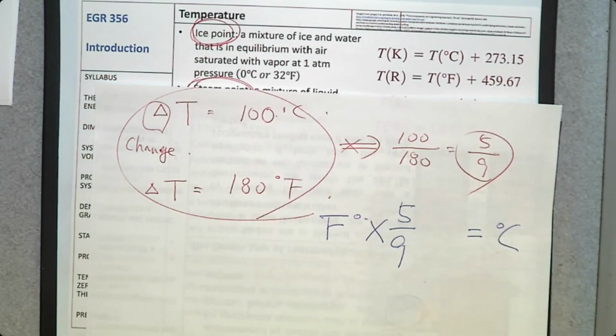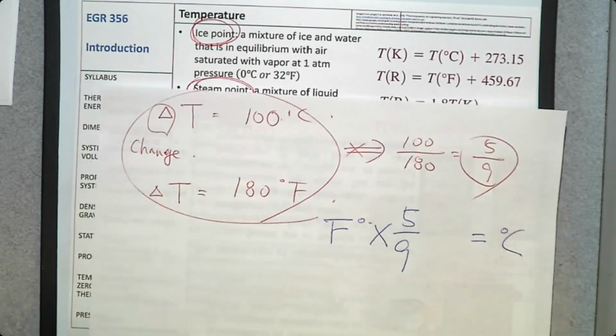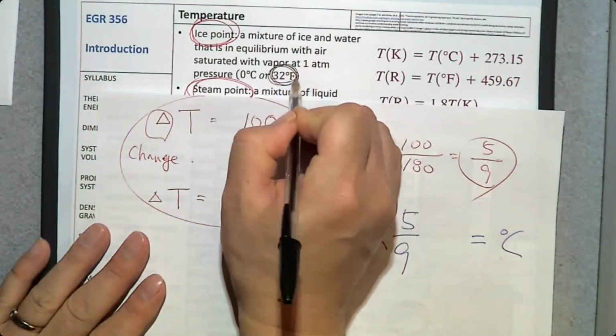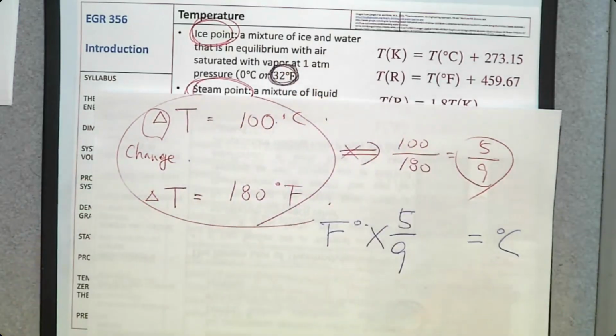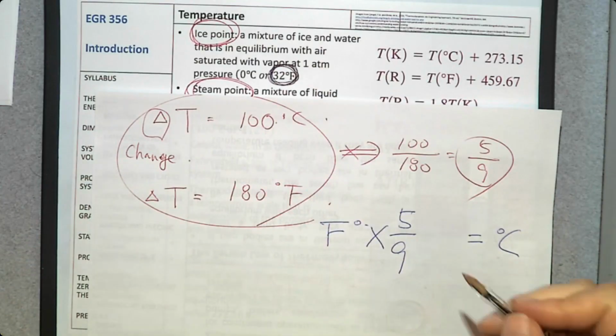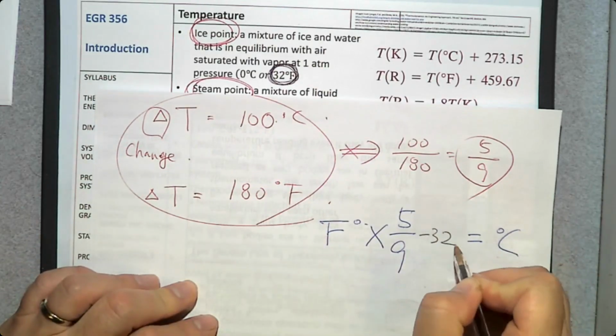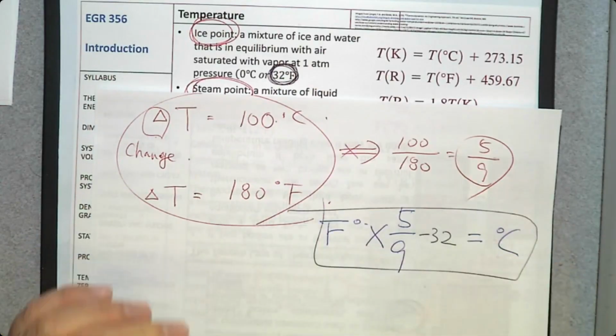However, with one condition. The starting point, the reference point, which is the ice point, is not 0. The ice point of Fahrenheit is 32, so you need to subtract 32. Then that's how you convert between Fahrenheit and Celsius.